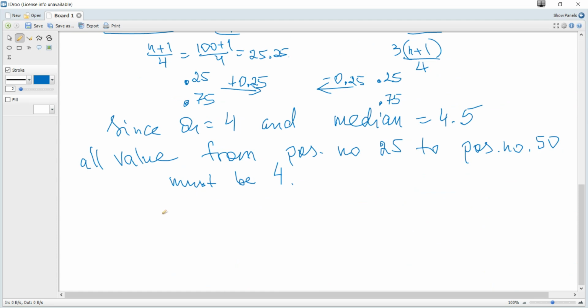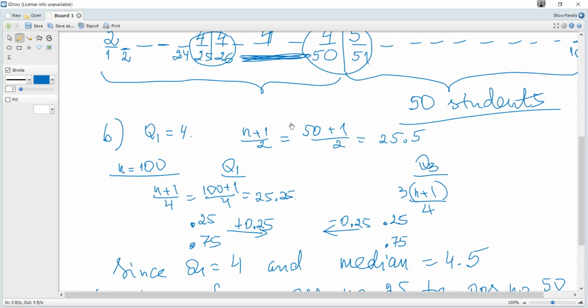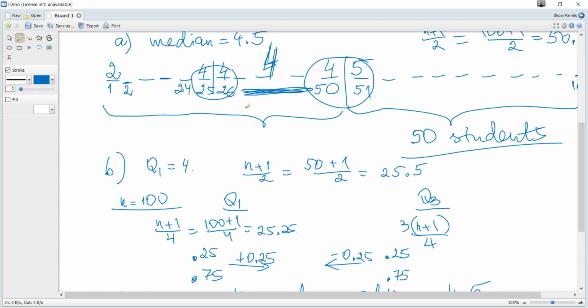Hence the minimum number of grades of 4 is given by the values from position number 25 up to position number 50.